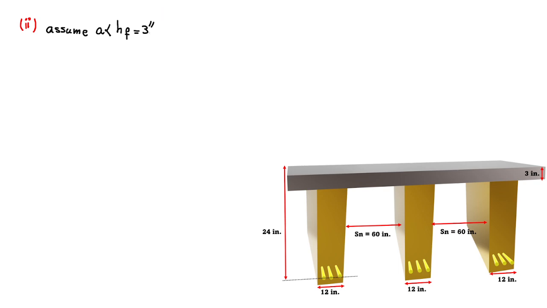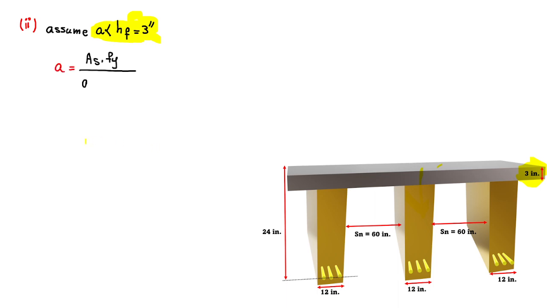So we do know if our a, the depth of the stress block, is less than the height of the flange, it doesn't enter the domain of the web, so we don't need the T-shaped section.